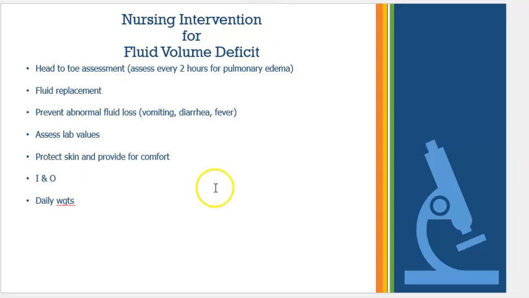So these are some nursing interventions: fluid replacement, preventing abnormal fluid loss, vomiting, diarrhea. You want to keep their fever in check. You also want to check for pulmonary edema. It just goes along with your good head to toe. When we are rehydrating our patients, we want to keep an eye on their urine output.